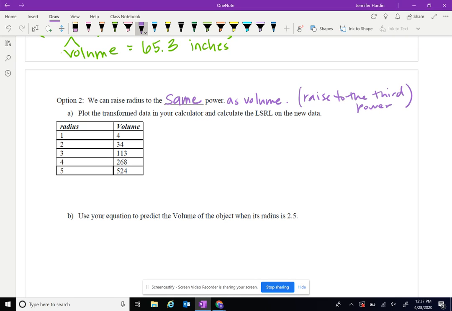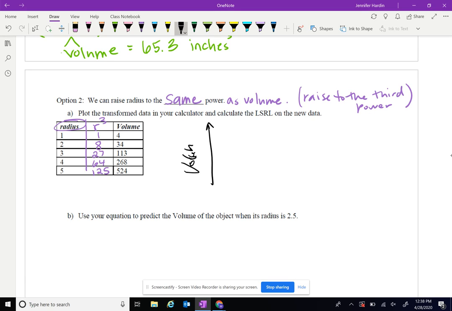Okay. So volume is in inches cubed, radiuses are in inches. So instead of changing our y values, we're going to change our x's. And if we go through and we cube each one of these, then we have 1, 8, 27, 64, and 125. And then if we go and we graph that data, on our y-axis, we would still have volume.